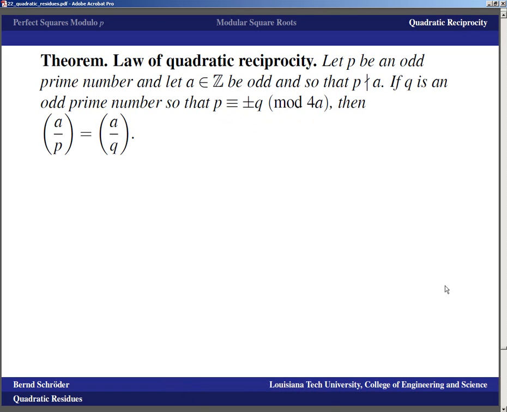Okay, the proof will first focus on odd prime numbers a, and we'll distinguish these two cases, plus or minus q, and the rest comes out of the prime factorization.